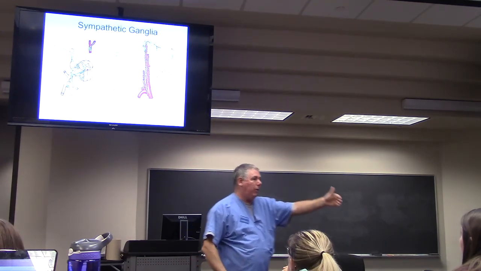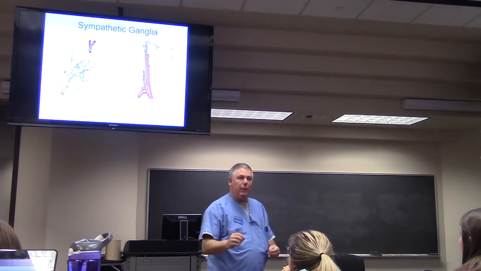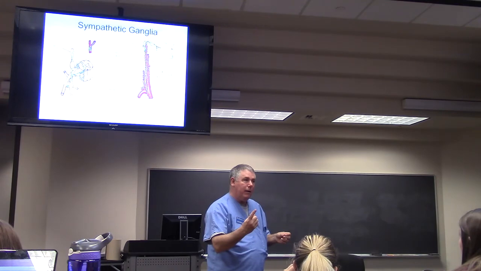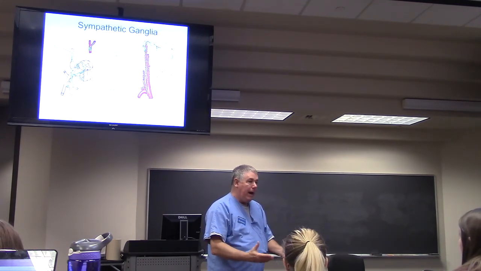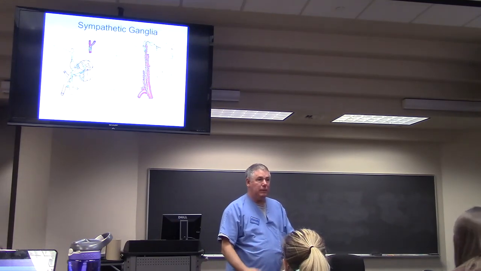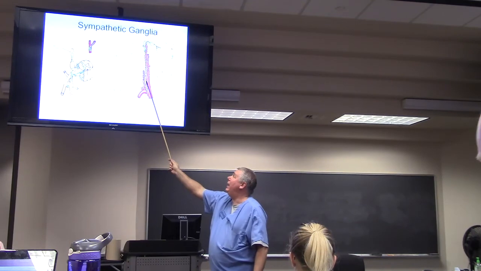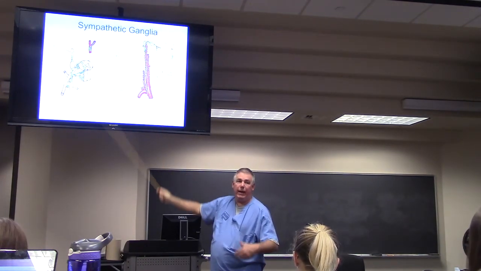They'll synapse on the postganglionic cell body. Postganglionic sympathetic cell bodies are located in one of two places, the chain ganglia or the preaortic ganglia. You've got to have a synapse in one of those two places. The postganglionics come out of there and they'll just hitch a ride on the blood vessels to get to the target.